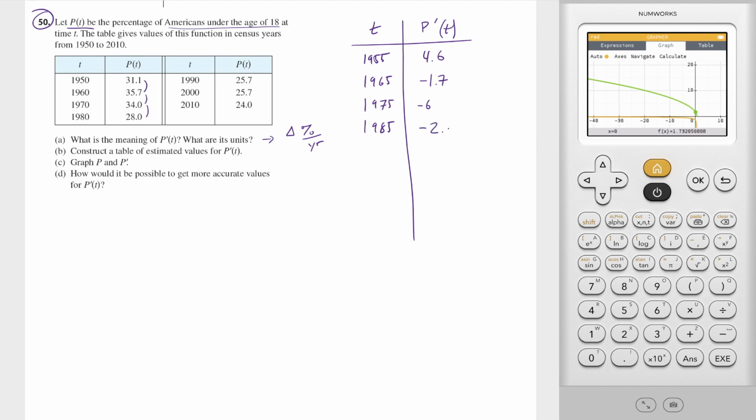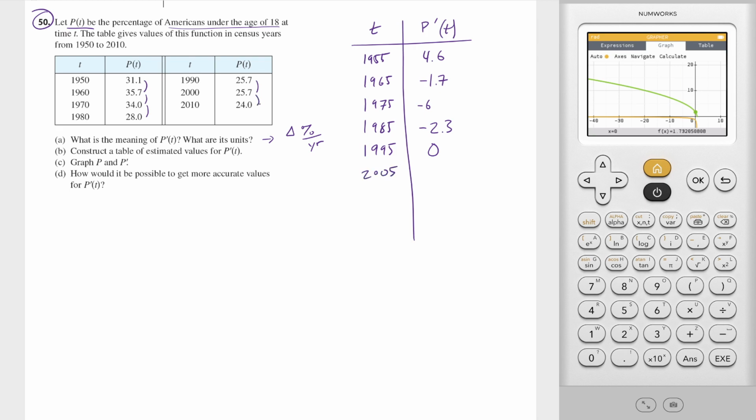Negative 2.3. All right, 1995. And so that's the difference here. That is 0. That didn't change at all. And finally, 2005.